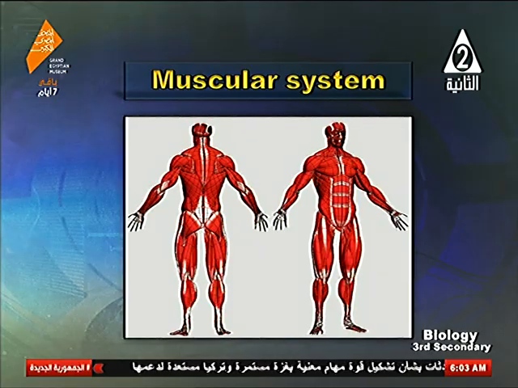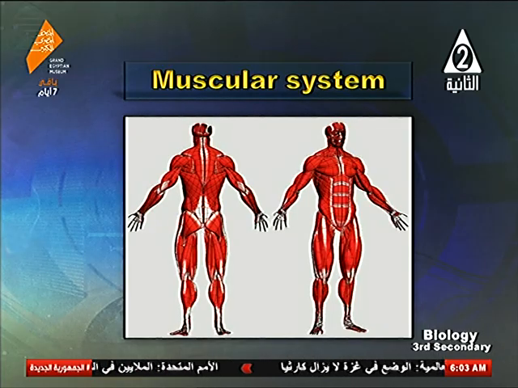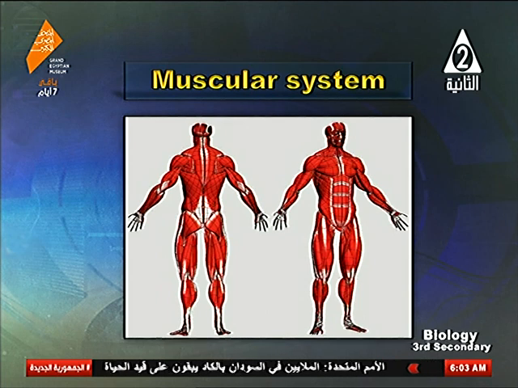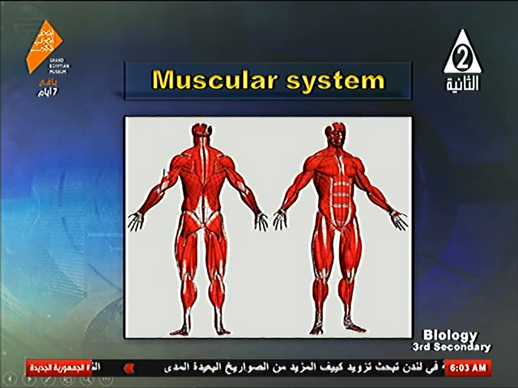The muscular system consists of different types of muscular tissue: skeletal tissue, cardiac tissue, and smooth tissue. Okay, the muscular system consists of three types of muscular tissue. Skeletal tissue, which we will speak about today, is striated, voluntary, cylindrical, unbranched, multinucleated, like this, attached to the bones.